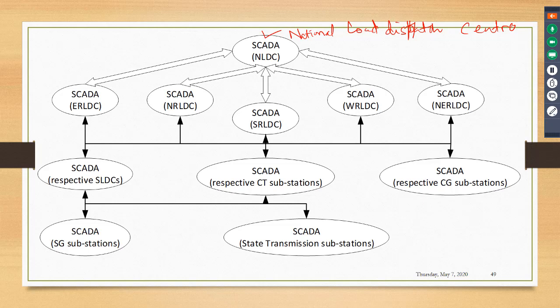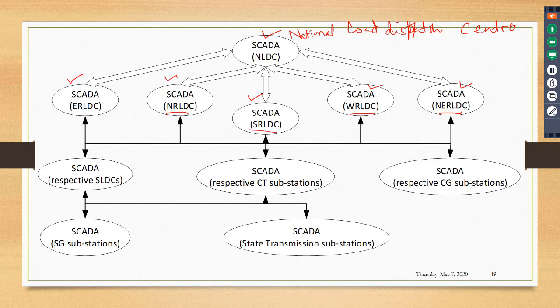We can see here there are 5 other SCADA centers or control centers equipped with SCADA, one in each of the regions. We have the Eastern Regional Load Dispatch Center, the Northern Regional Load Dispatch Center, the Southern Regional Load Dispatch Center, the Western Regional Load Dispatch Center and the Northeastern Regional Load Dispatch Center.